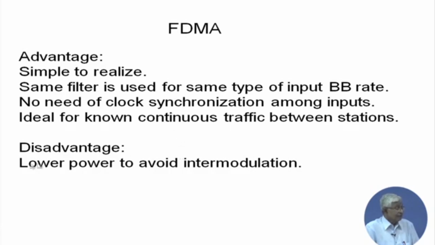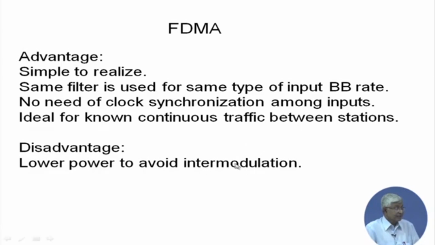Another problem is the lower power to avoid intermodulation. Okay, intermodulation we will discuss in detail, but there is non-linearity in the satellite. We have talked about it. Transponders are non-linear. So, in the non-linear mode of operation, if your operating point is at saturation or near saturation, there will be interference or intermodulation that will be generated, which is spurious.